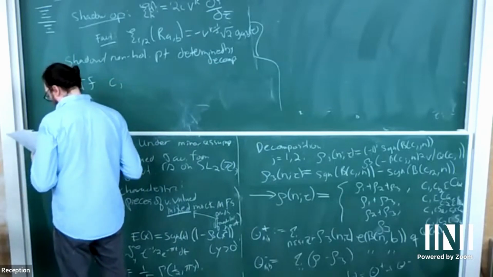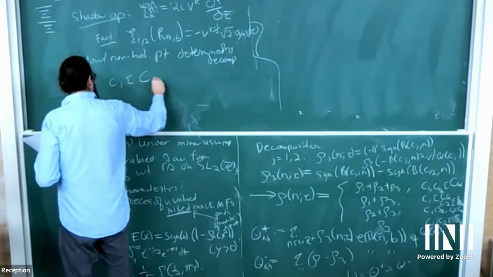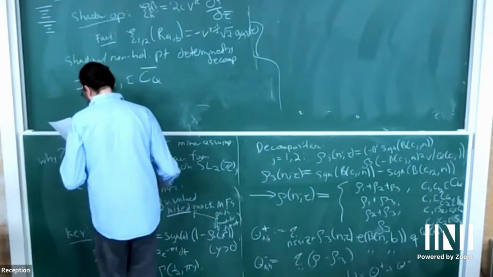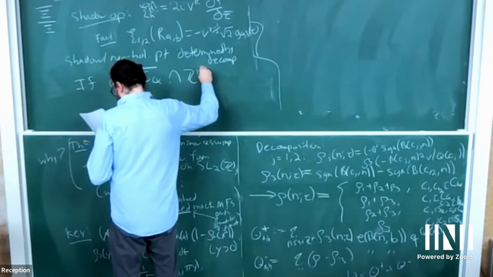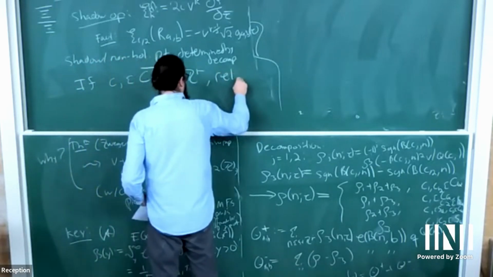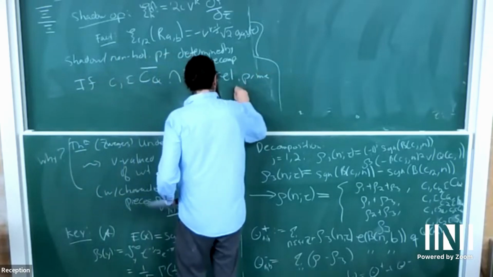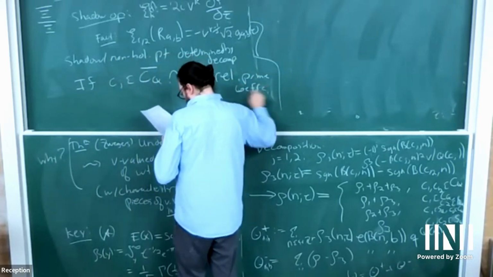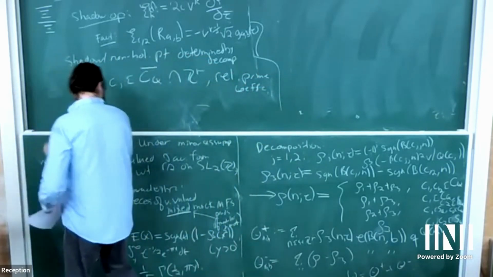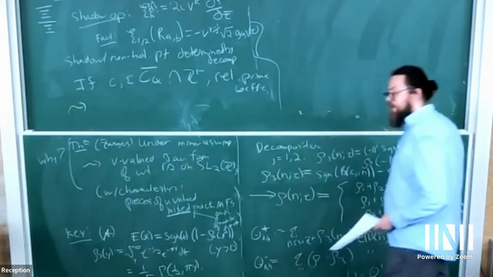Okay, so here's what I want to say. If Cj, that's C1 or C2, is in our compactified state CQ, and let's say it has integer coefficients and is primitive, so it has relatively prime coefficients, we're going to take a sum over n.